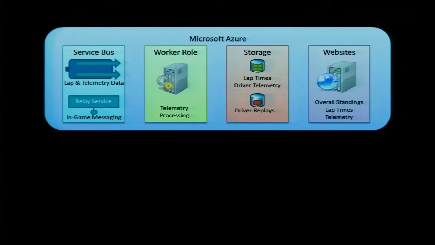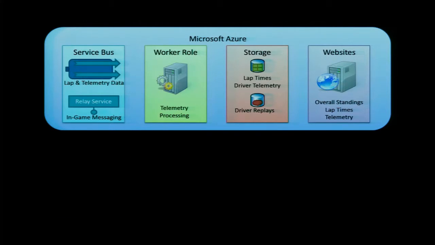So I'll just run through a bit about the architecture and look at how the game is working. What we can see here is the various services I've chosen to use in the Azure platform. Starting off with the information that's coming in, I'm using the Windows Azure Service Bus. I've also got the option to use Windows Azure Storage Queues for queuing the data.